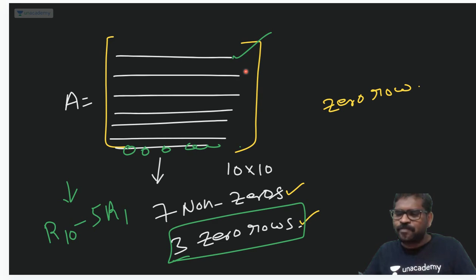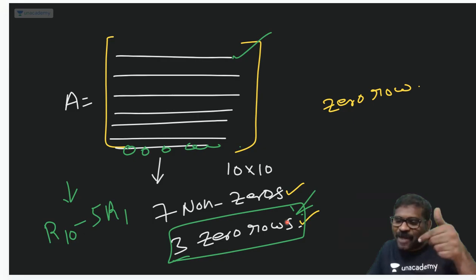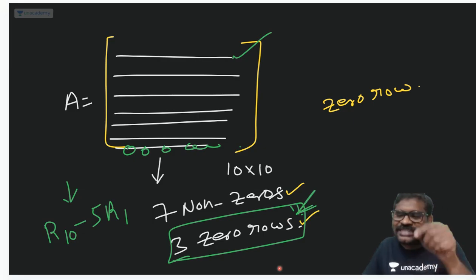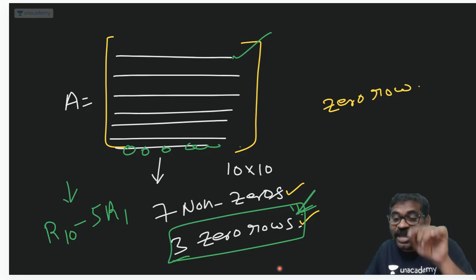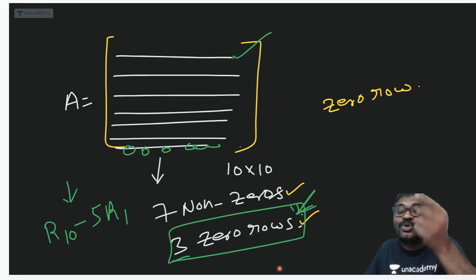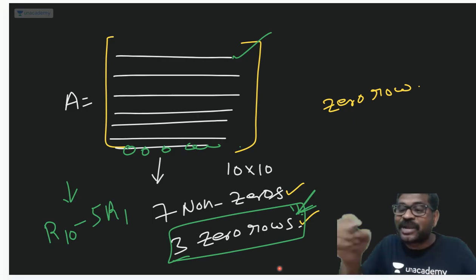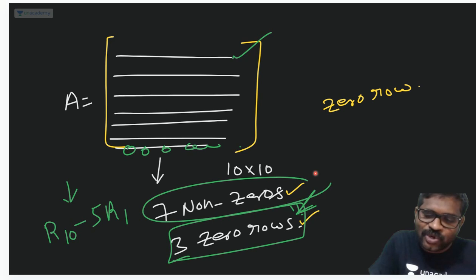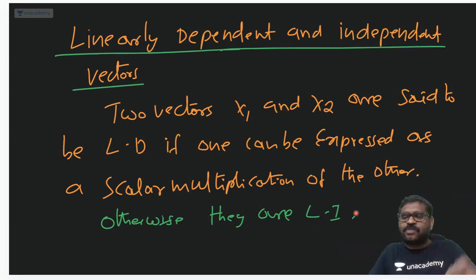Catch my point? A row becoming a zero row by applying operations means it is a dependent row. That's why we always count non-zero rows to understand the rank of the matrix. Understood? Reduce the matrix to echelon form and count the number of non-zero rows.